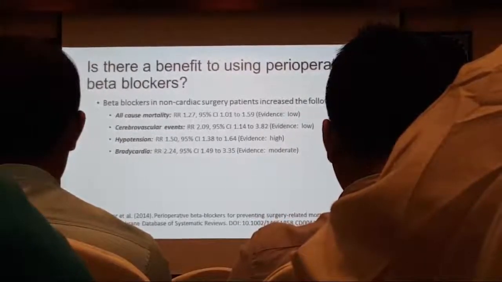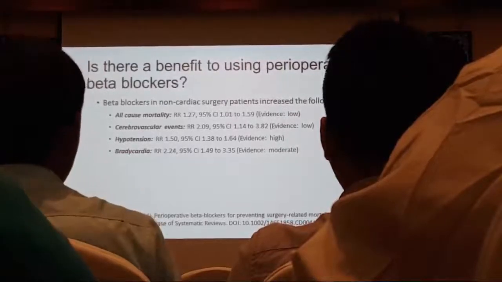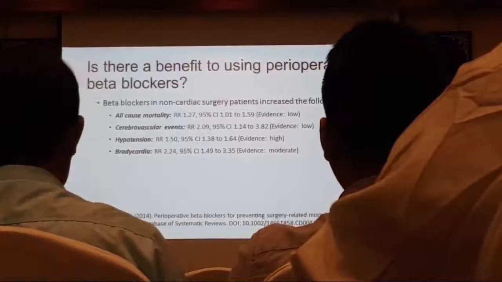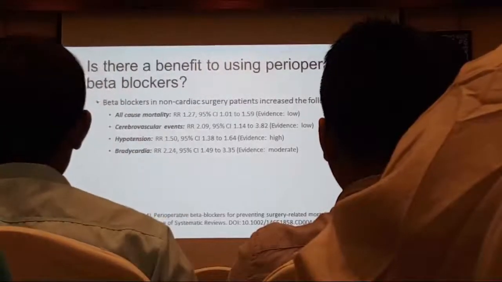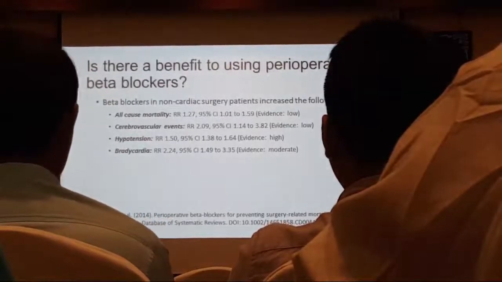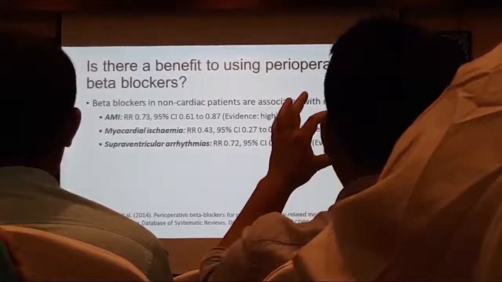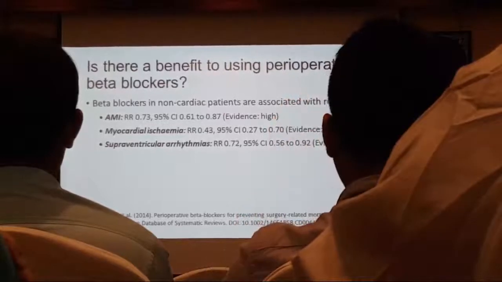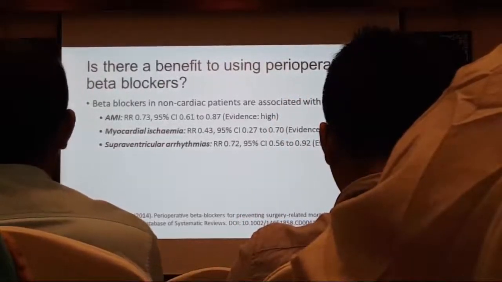It has caused us to rethink the use of beta blockers in some of our patients during that perioperative time period. Again, the important piece is when you start. We don't like to start during the perioperative time period, but if they come in on beta blockers, we make sure we continue them. And then lastly, are there benefits? There are some benefits. So you have to give this a little thought in terms of when you're going to use beta blockers.